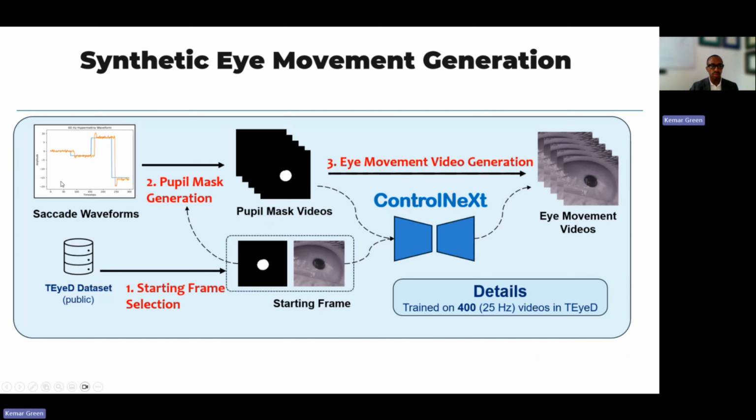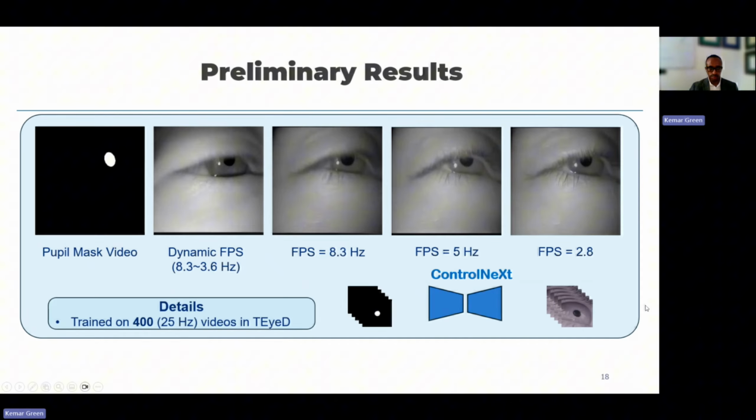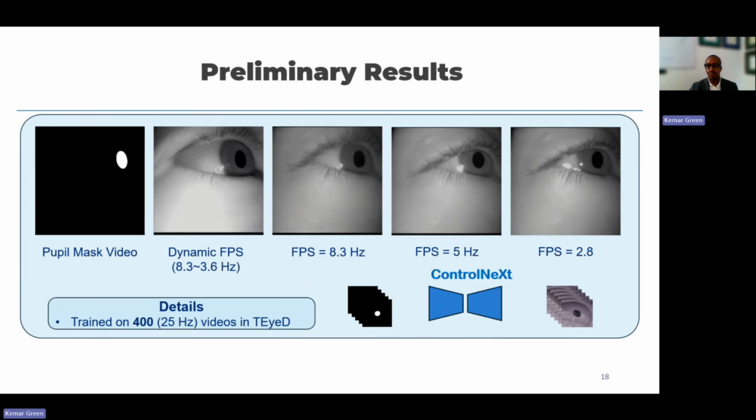And so we took that, generated the waveform based on physics and our understanding of what saccades are and what they should look like. And then we use that essentially to guide a pupil mask, essentially a segmentation of a pupil, to move in the same way at that frequency. And then we use that to generate video using an open source video dataset using generative AI, specifically diffusion models. And this is what we came up with.